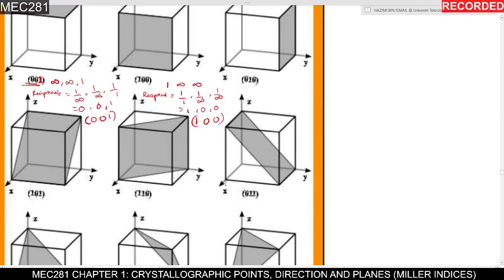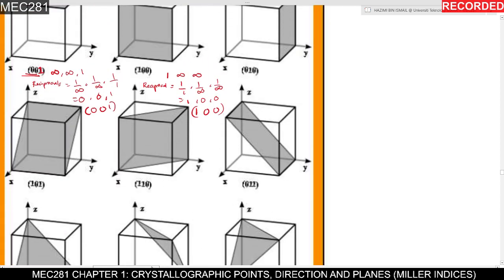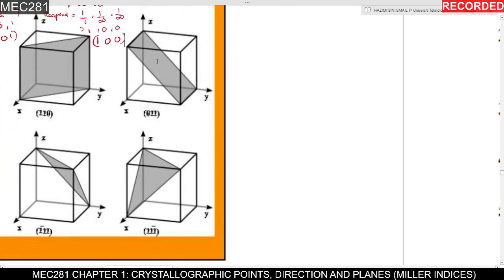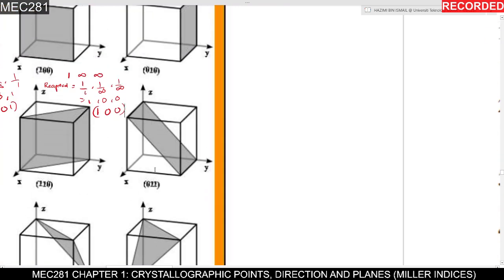Okay, so let's try a complicated one here. This one never intercepts the x-axis, so it is infinity.